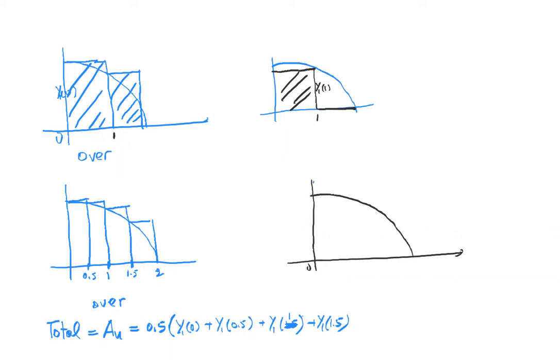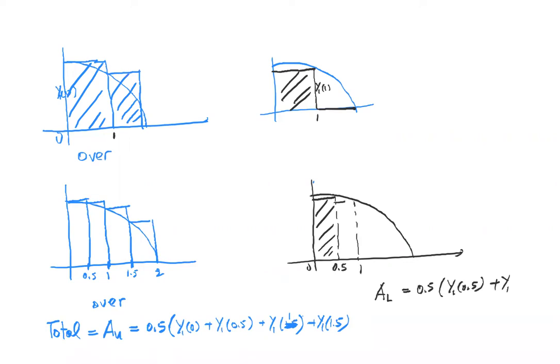The first rectangle is here. You use 0.5. So AL, the lower rectangles, the width is still the same 0.5. The first one you are using y1 0.5 plus y1, you are using a lower one, there is 1.